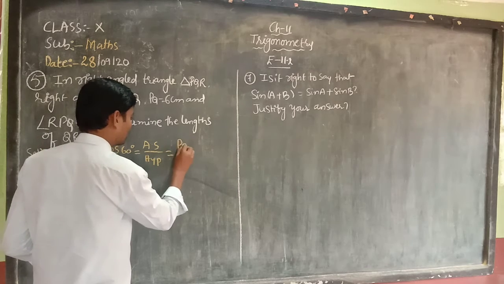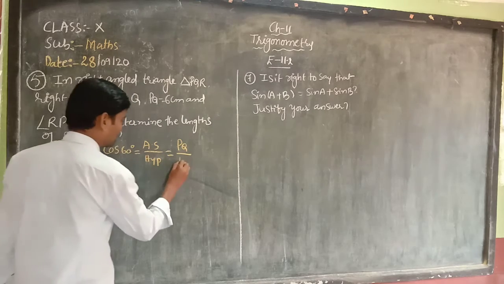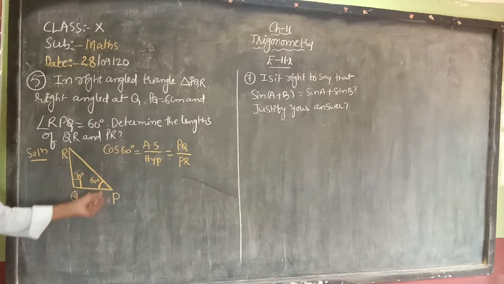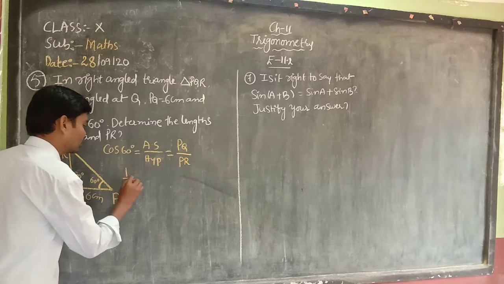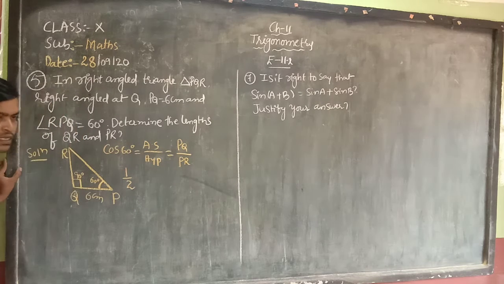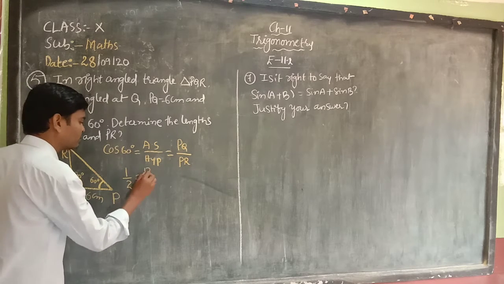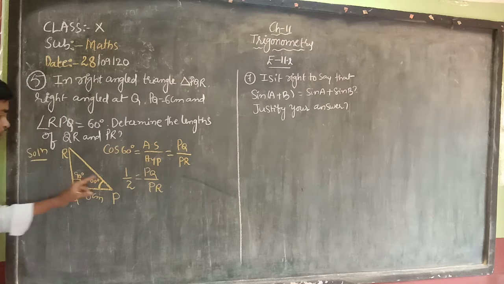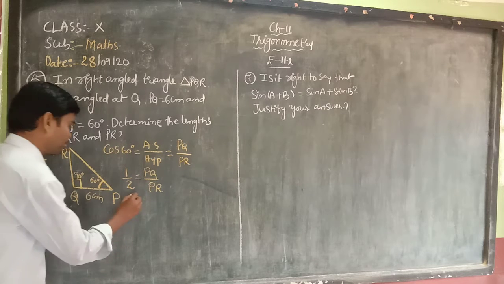PQ by hypotenuse is PR. What is the value of cos 60? Cos 60 is 1 by 2. So 1 by 2 is equals to PQ by PR.